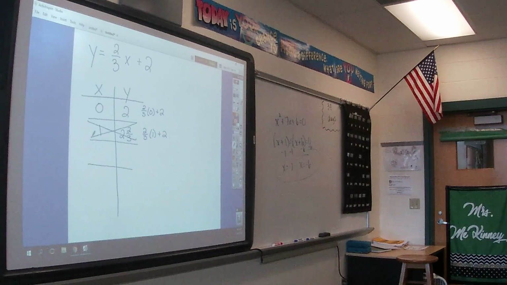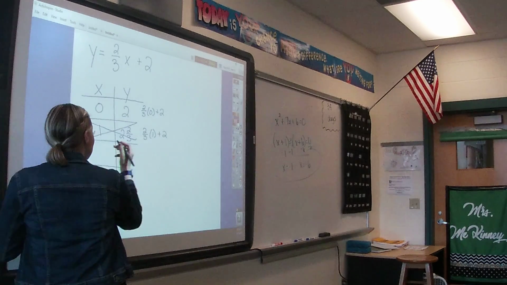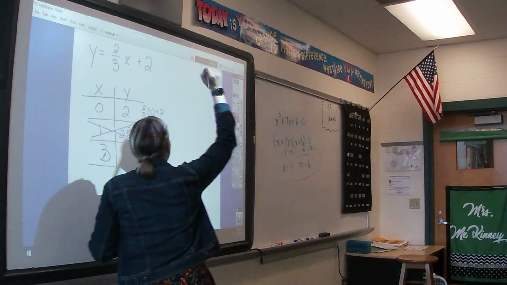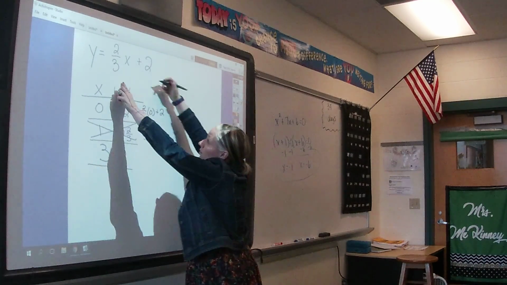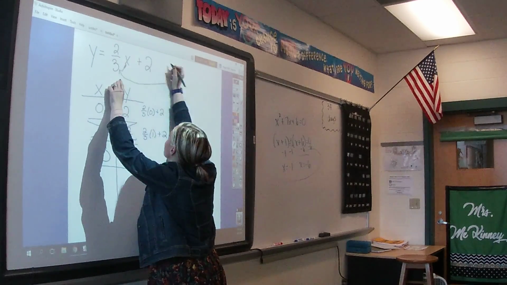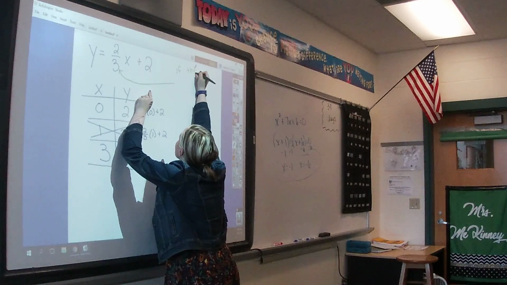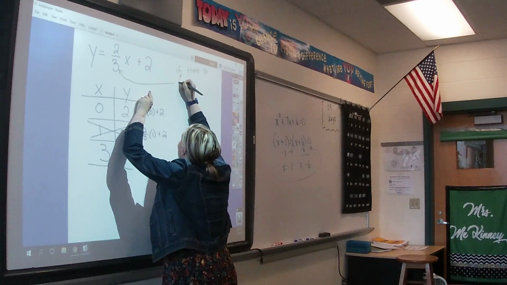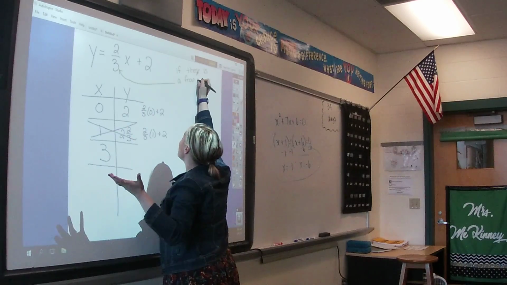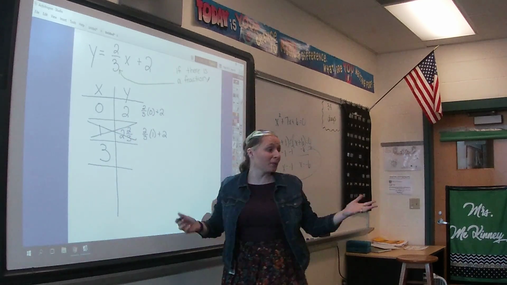What could we plug in that would keep us from getting an output of a fraction? 3. Carson, why 3? It's the denominator. So when we have a fraction, I mean, you can randomly pick until you get correct ones.